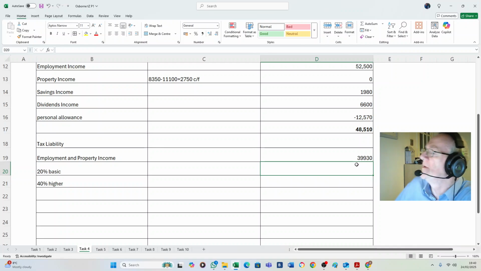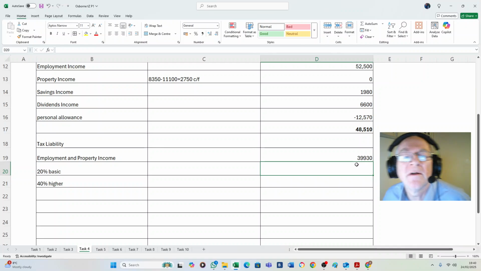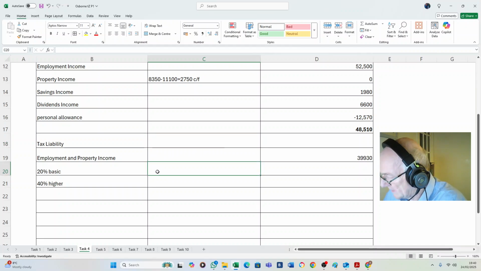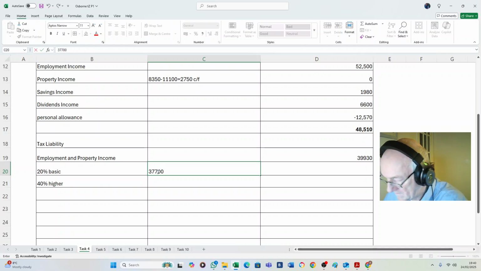is more than 37,700, although we have got an issue of the gift aid in the question. So the gift aid is going to make her band a bit bigger.